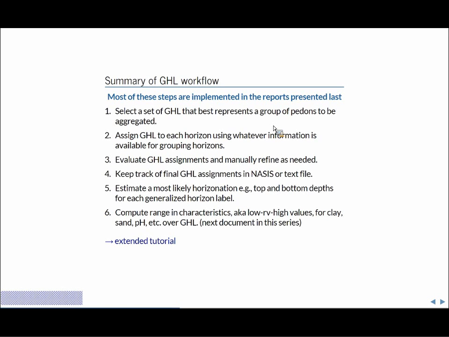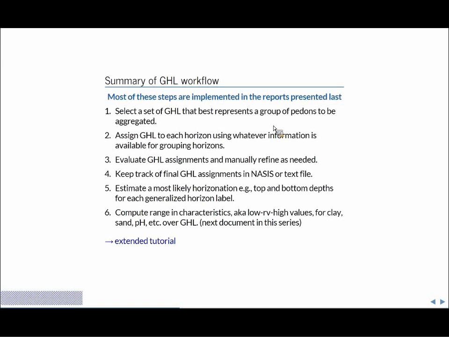And so we're able to actually make these GHL assignments and then trap them in NRCS, which they can then be used in NRCS type reports, or just at least stored, so that knowledge is stored in the corporate database. And then we can go beyond step 4, and we can use these GHL assignments, the horizon assignments, to estimate a maximum likely depth for horizons.